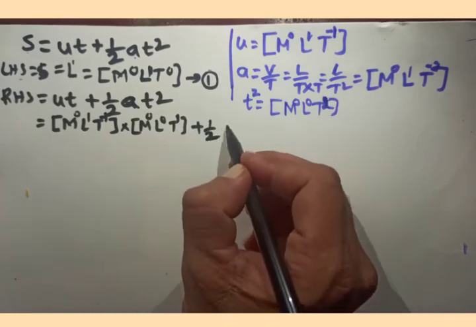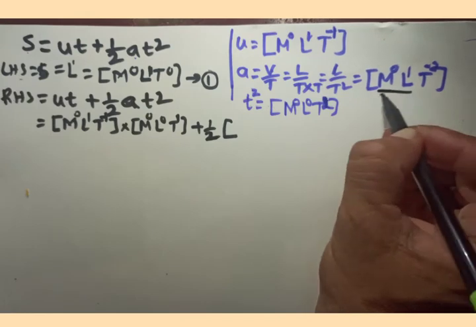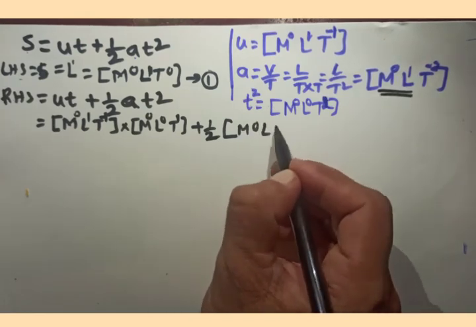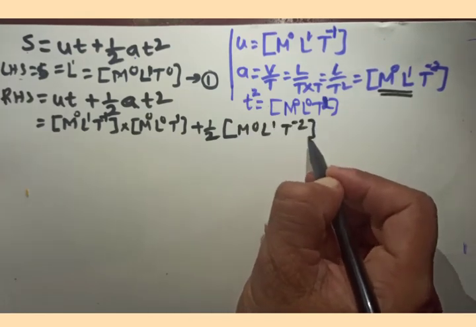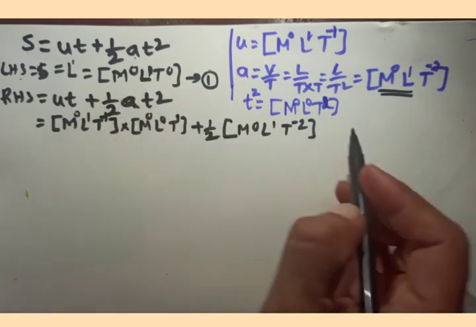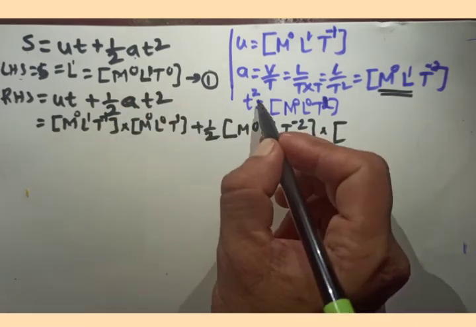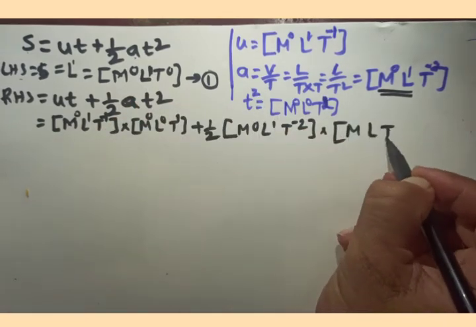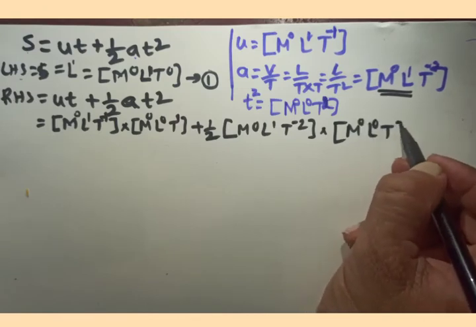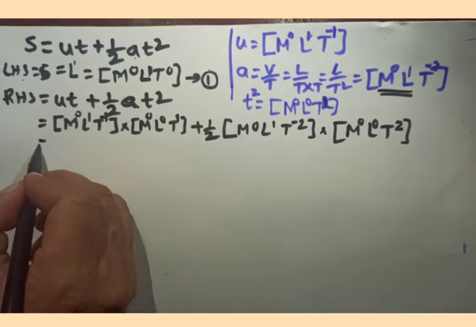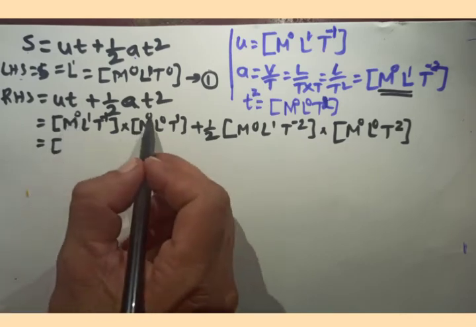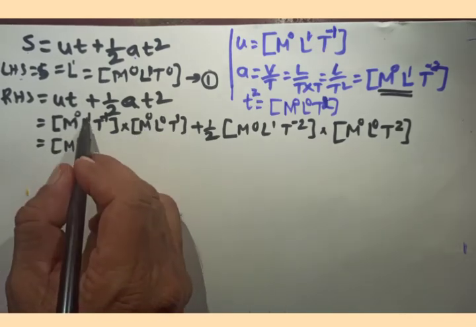half times a. What is acceleration? You know this is the acceleration, so M0 L1 T raised to minus 2. Then what we have is t, but not t, it's t square. So we'll use this t square like the dimension of time only, M0 L0, and since it's square, we'll write this squared. So combining all this, M0 into 0, you get M0, L1 into 0.